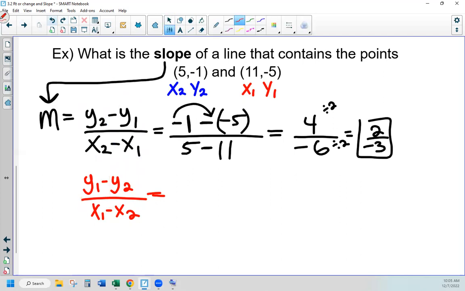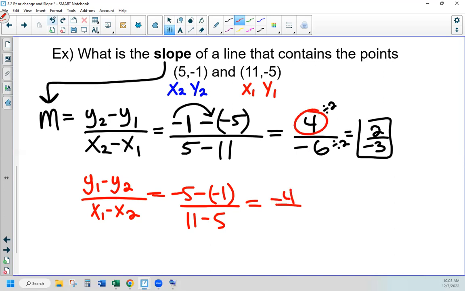So y1 is -5 minus -1 divided by x1, which is 11, minus 5. You're going to see now that instead of me having the negative on the bottom, the negative is going to be at the top. So -5 minus a -1, that's the same thing as adding. -5 plus 1 gives me -4.